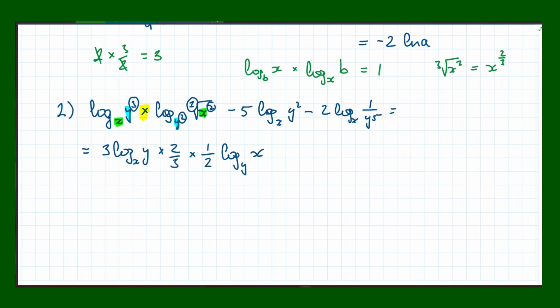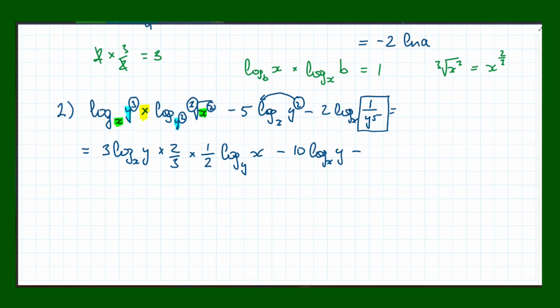Moving on to the other two log expressions, what we notice is that we still have an exponent in this specific log. So I can bring that 2 multiplier down, but I already have a 5 multiplier, so I'm going to have 5 times 2, which is 10. And I end up with log base xy and then minus. Now here in this log expression, what I have is 1/y to the 5.